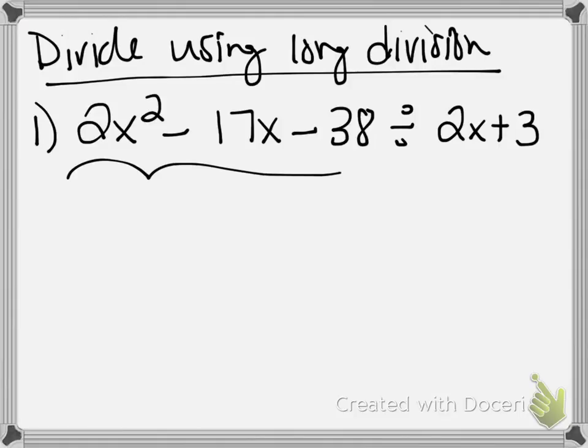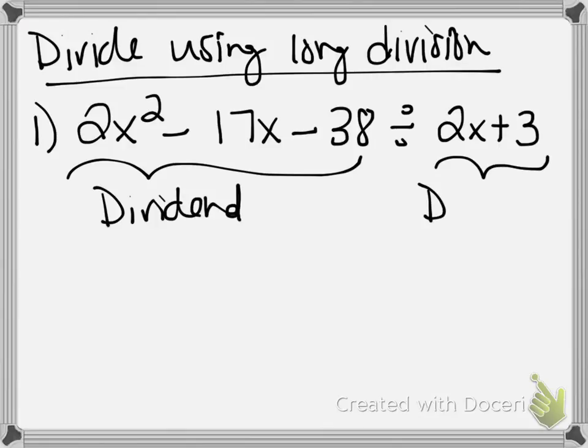Now this here is called your dividend, and this here is called your divisor. Now you have to use long division if your divisor's coefficient is something other than 1. We're going to look at a different kind of division tomorrow or next class, but just know that anytime x has a coefficient other than 1, you have to use long division.